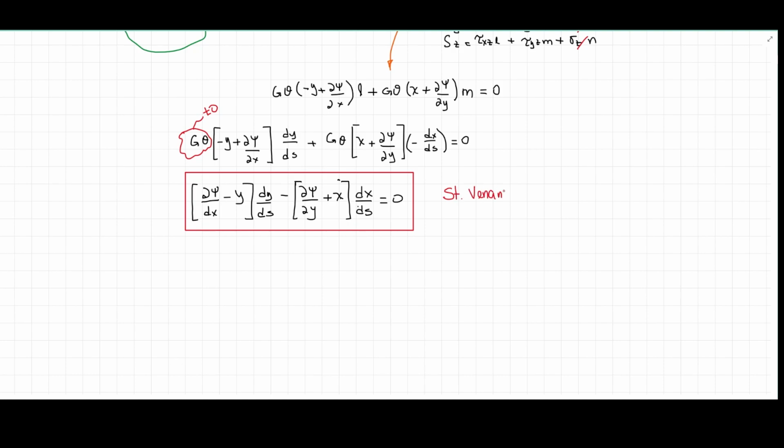Saint Venant. And this equation assumes, as mentioned, two things.